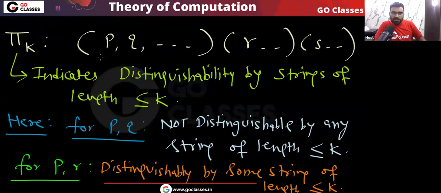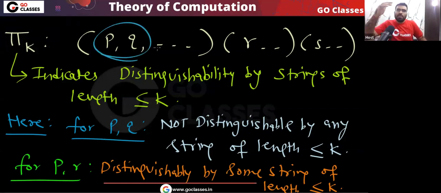So remember, if this is your pi k, then p and q are not distinguishable by any string of length at most k. Remember, p and q can be distinguishable by some longer string. They are not distinguishable by any string of length at most k, but maybe they are distinguishable by some string of length more than k.